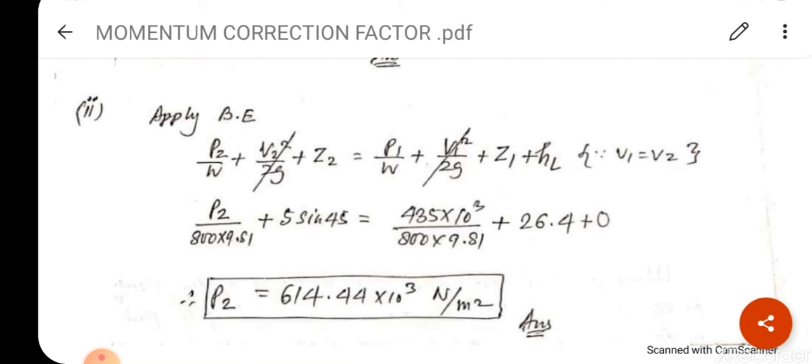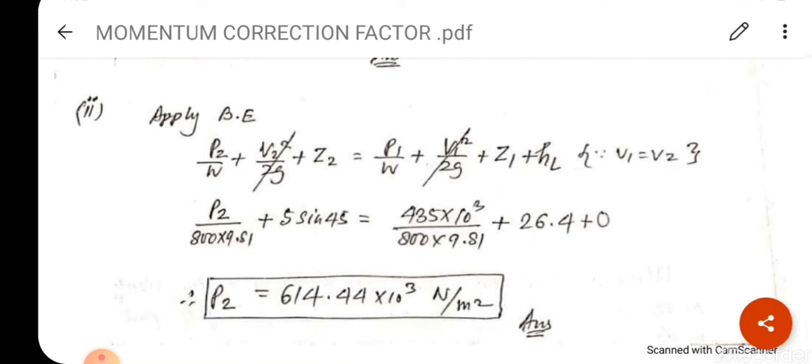Z2 is known. So P2 upon 800 into 9.81 plus 5 sin 45 is equal to, Z1 is 0, and here putting P1 value as 435. So what will be the answer of P2 after putting P1 as 435 kilonewton per meter square?